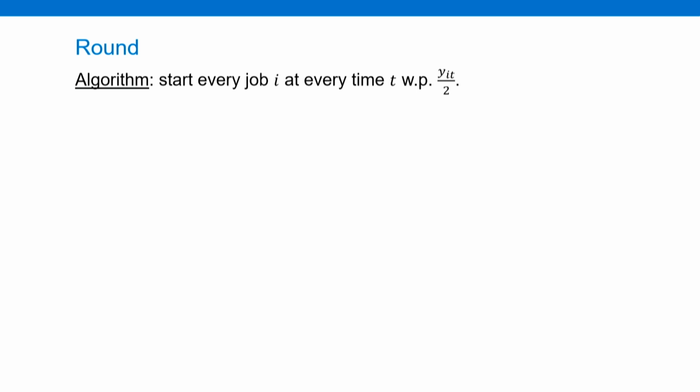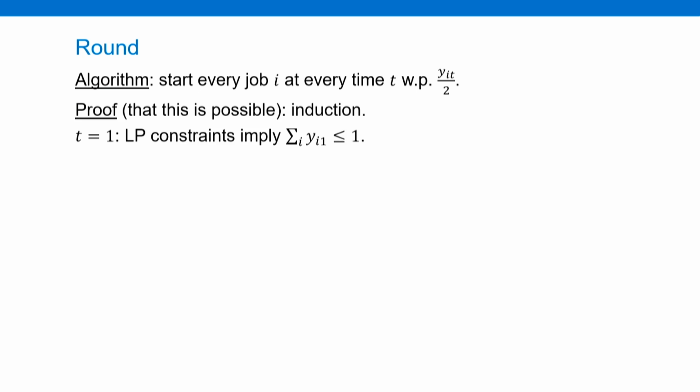And once again, the argument will fit on one slide. So my goal is to start every job i at every time t with probability y_it over 2. And I'm going to prove it by induction. At time 1, my LP constraints say that in expectation, I can try to start at most 1 job.